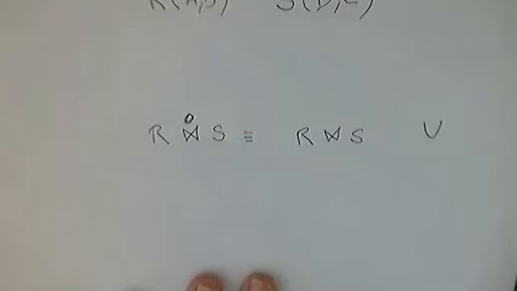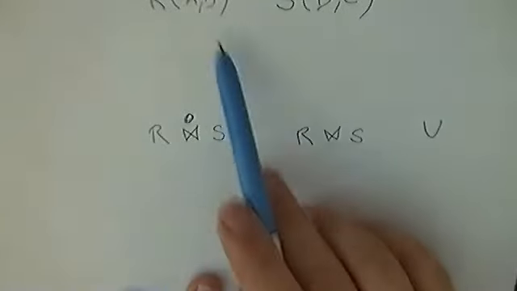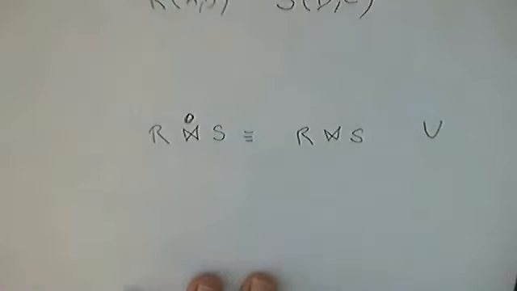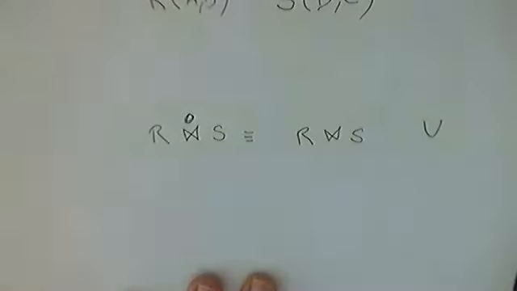Basically, we would say something like this. First of all, let's get the R's here where there does not exist a matching B. How are we going to do that?